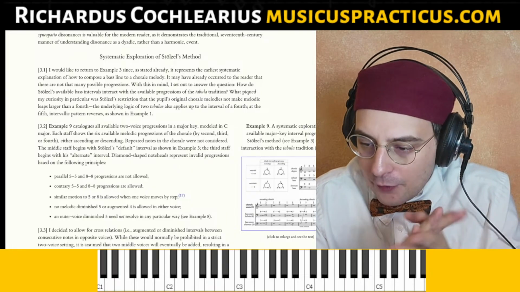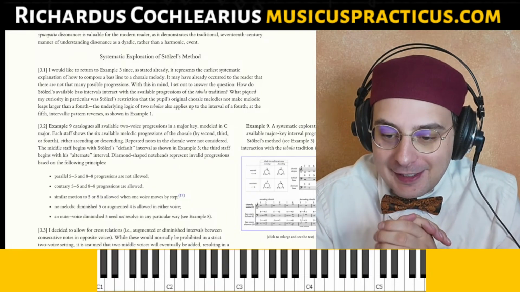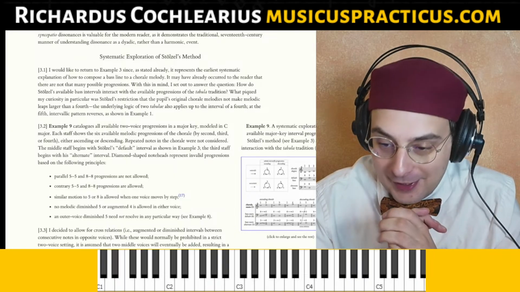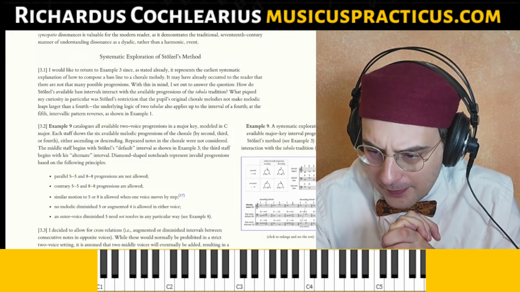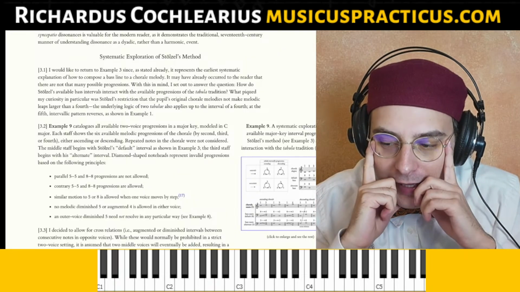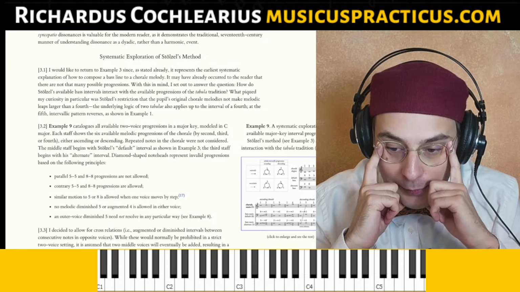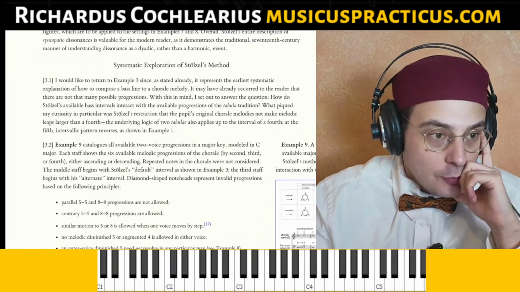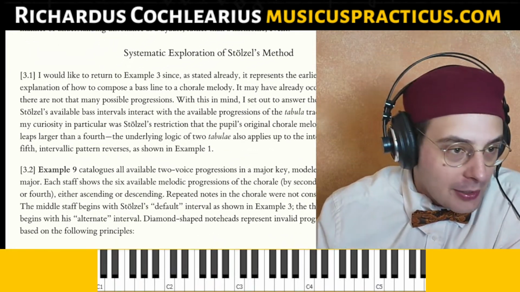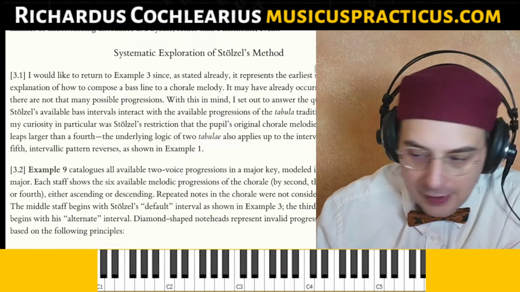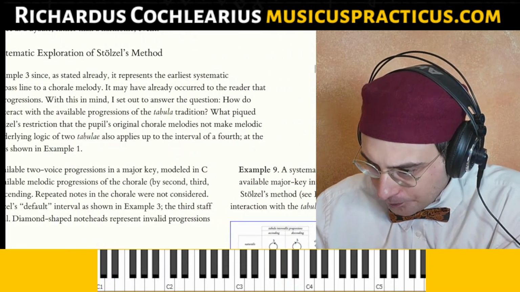Okay, it may have already occurred to the reader that there are not that many possible progressions. With this in mind, I set out to answer the question: how do Stölzel's available bass intervals interact with the available progressions of the tabula tradition?